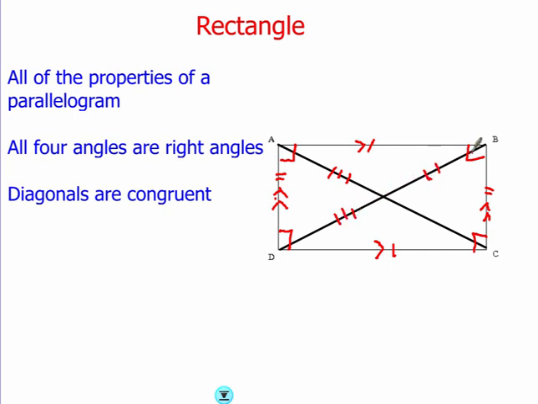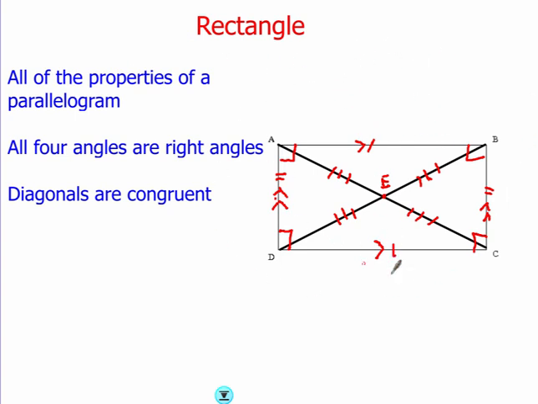So BD is congruent to AC, and all four segments formed when they intersect are all congruent. If I put the midpoint of our diagonals in here, call that E, then AE, BE, CE, and DE are all also congruent. So those are the properties of a rectangle.